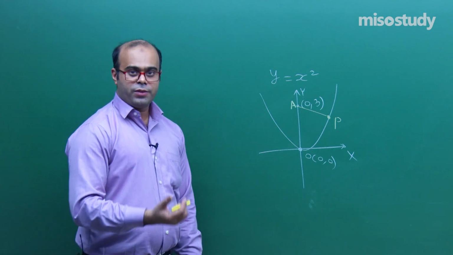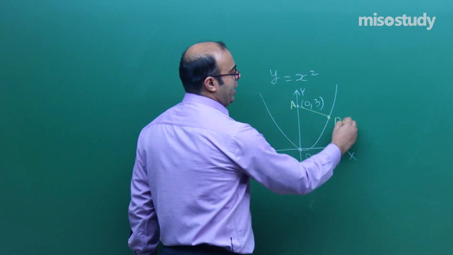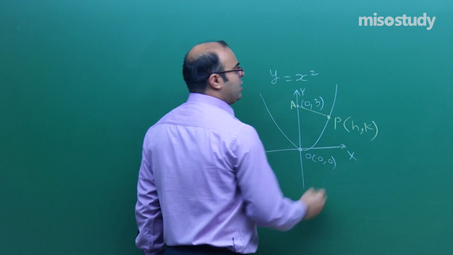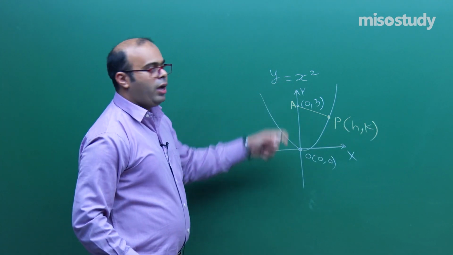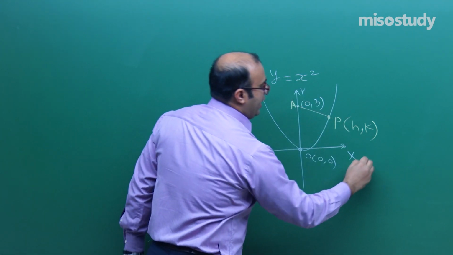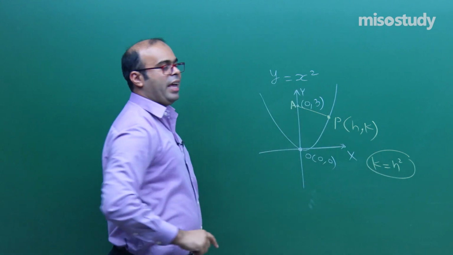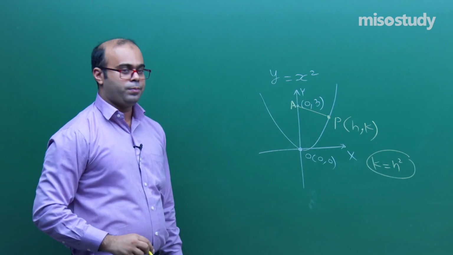So we will use the concept of maxima and minima, which we have just learned. We will suppose that the point here is h, k. Since this point lies on the parabola, it will satisfy the parabola, so k is equal to h square. The relation between h and k is like this, k is equal to h square.